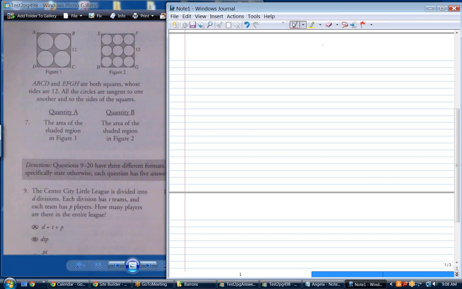Okay, now this one I'm trying to work out. I've got that the area of both squares would be 144. And the area of the first one with the circles: the radius of one of those would be 6, so pi 36.